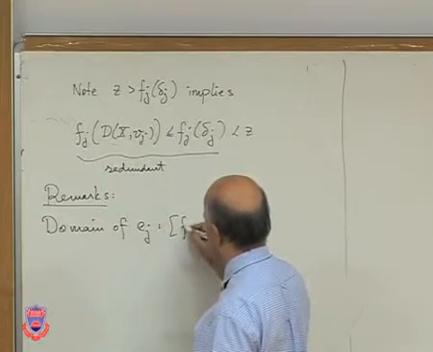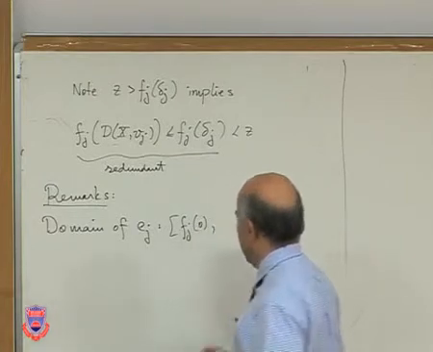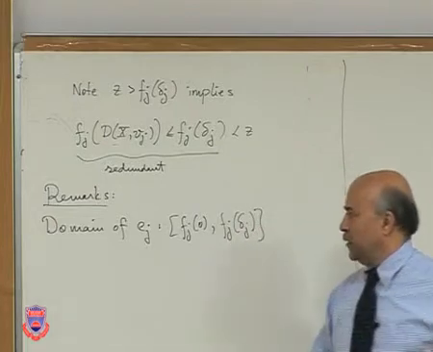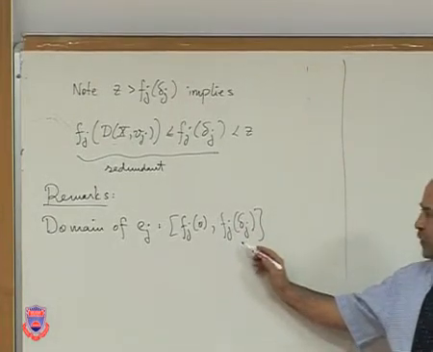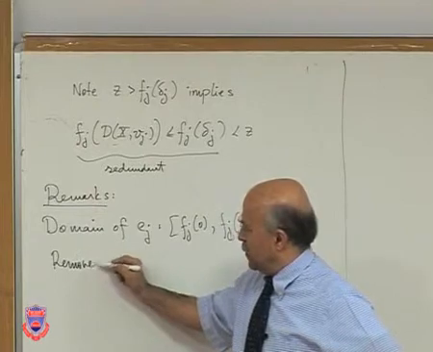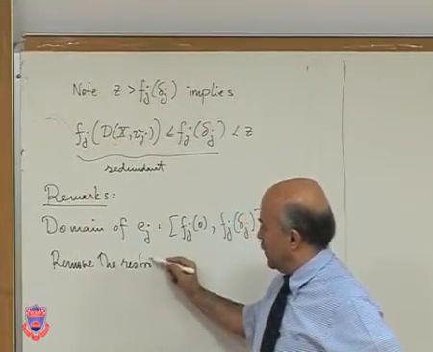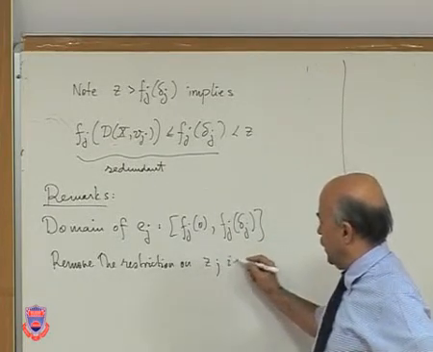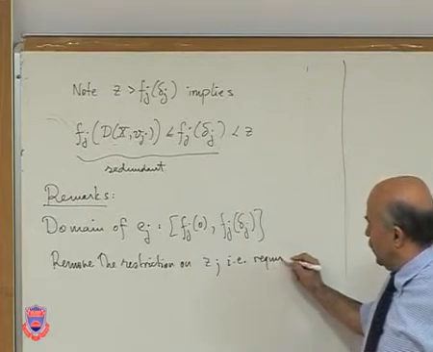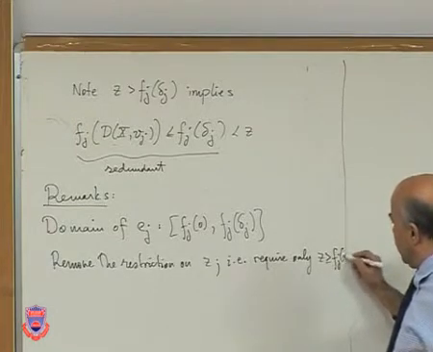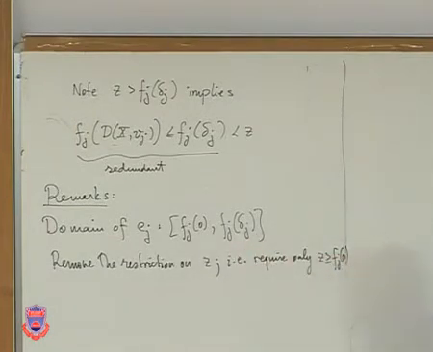No, fj of 0. The way I defined it, it's this way. However, I want to remove the restriction on z, meaning that I require only z being greater or equal fj of 0 with no upper bound on z.